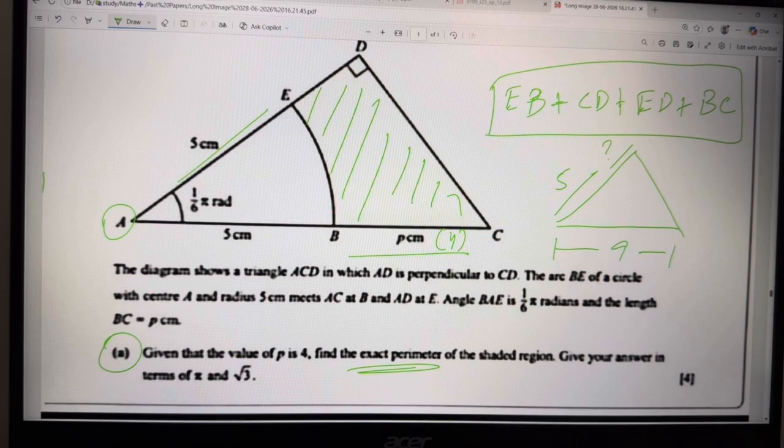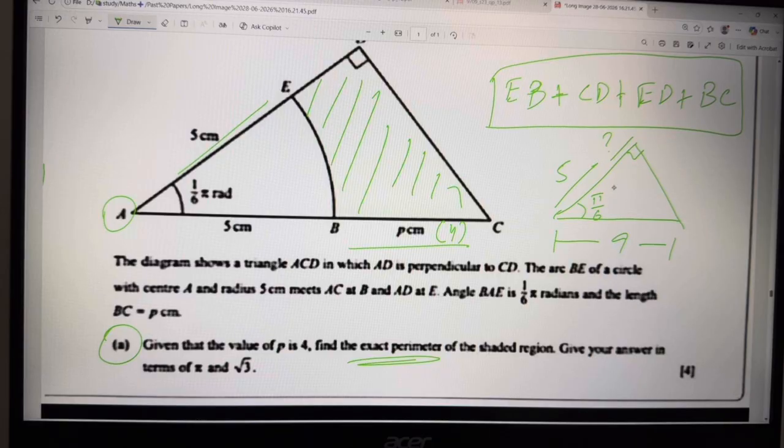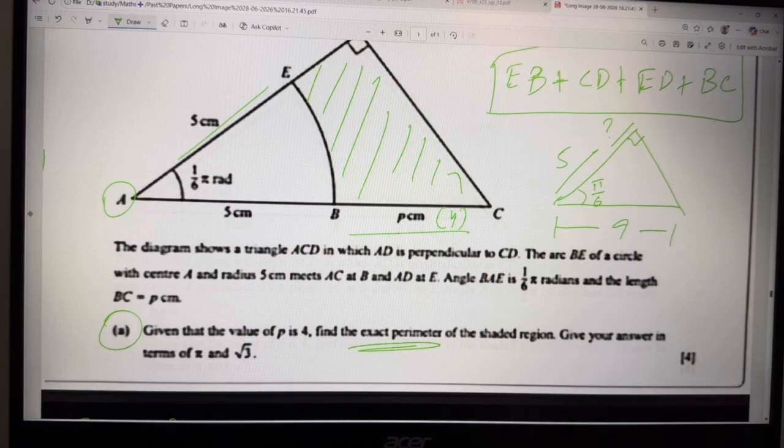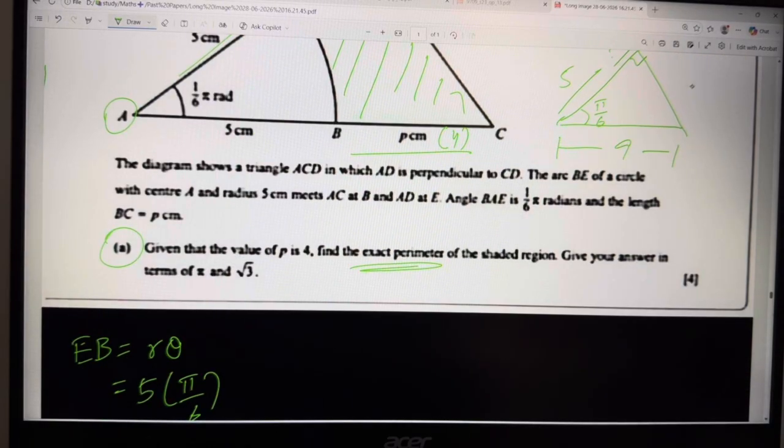This is 90 degrees, and this we have an idea about, pi by 6. So we can basically use cos. This is hypotenuse and this is adjacent, so we can use cos to find this length, minus 5, and then we can use Pythagoras theorem for this part. The hypotenuse is 9 and the adjacent is AD.